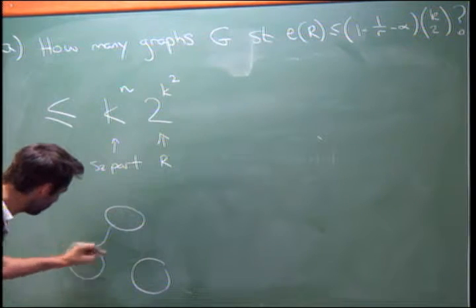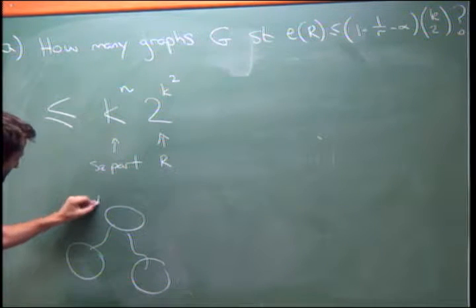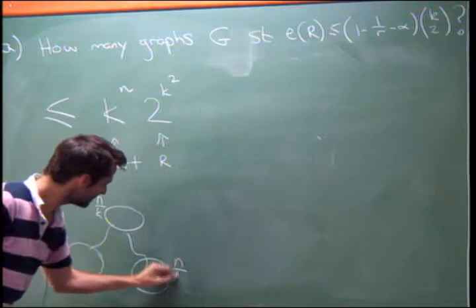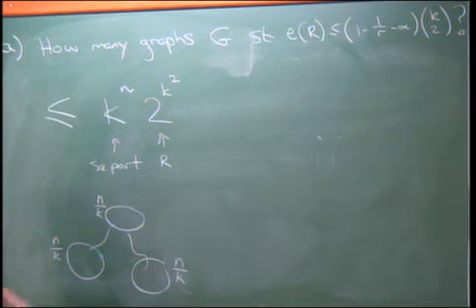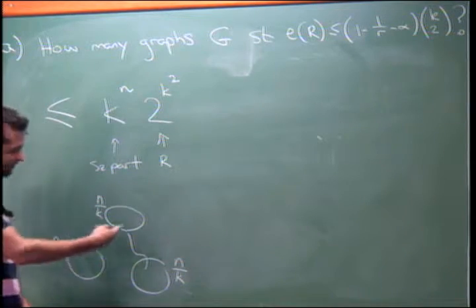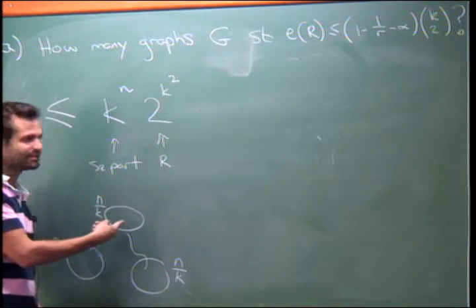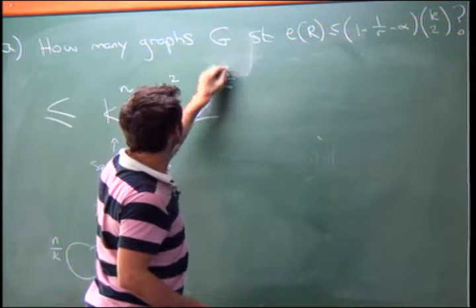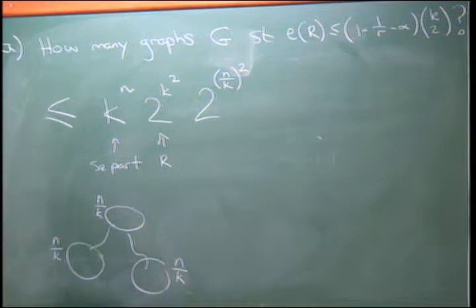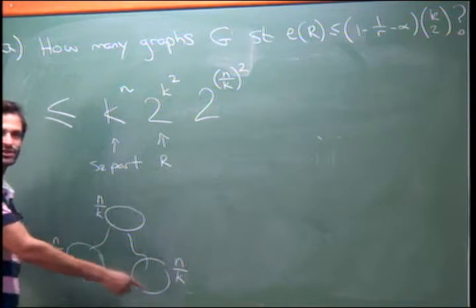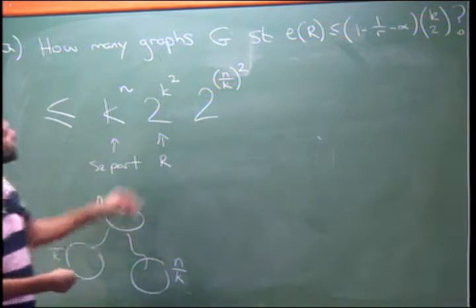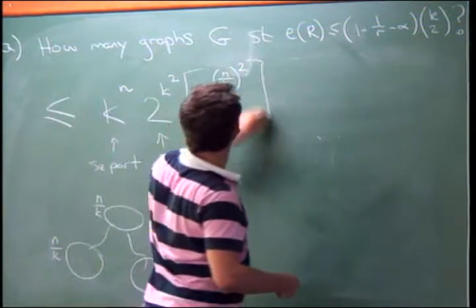Okay, so this is R. This is n over k vertices, n over k vertices, n over k vertices. For one of these, we have to pick the graph here. The number of choices is 2 to the (n over k) squared. (n over k) squared edges, each can be there or not. And we do this for each edge of R.